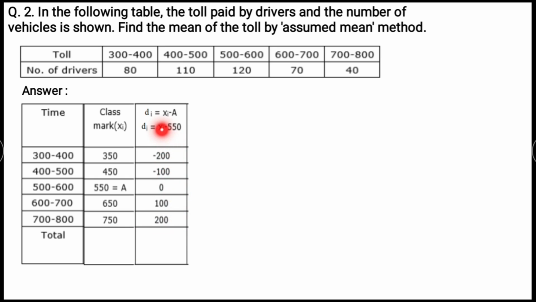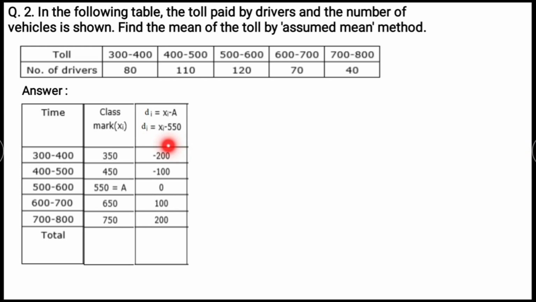So in this way, using the formula di equals xi minus a, we calculate the value of di assuming a as 550. Then to simplify further, we divide this di by 100. We denote that value by pi.